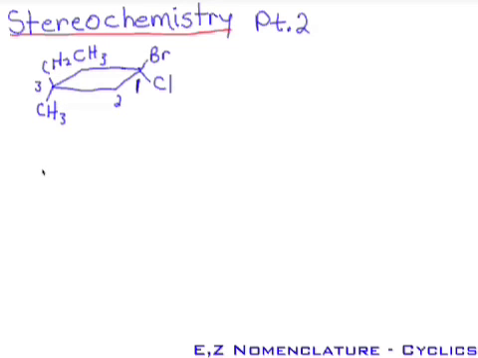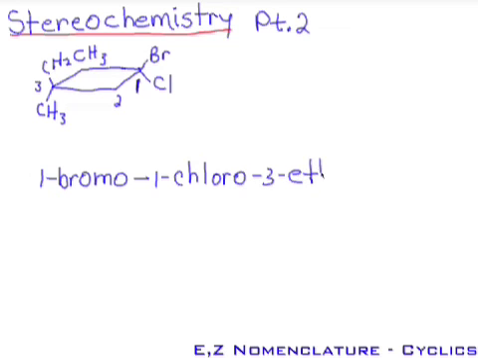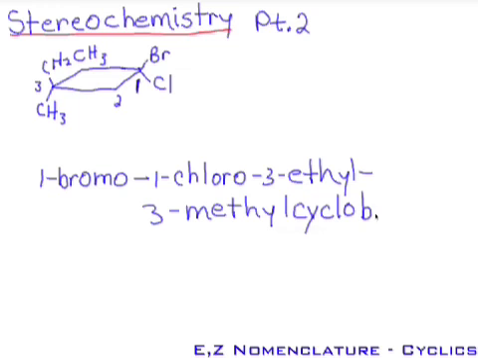So if I'm going to write out the whole name, we have 1-bromo, 1-chloro, 3-ethyl, 3-methyl, and, as I said, a cyclobutane.